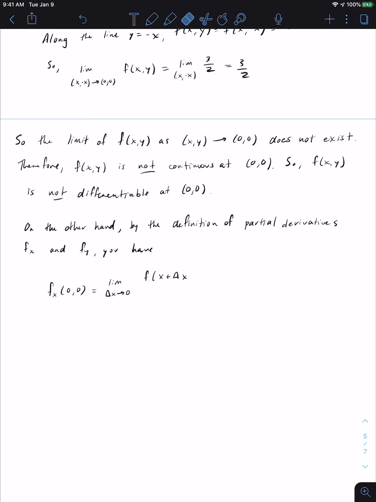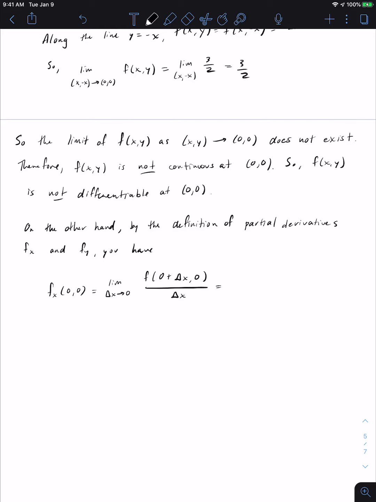My point is 0, so that is just 0 plus delta x, and y gets left alone because this is the partial derivative with respect to x, so this is y, but y is 0, and then it's over delta x, right?